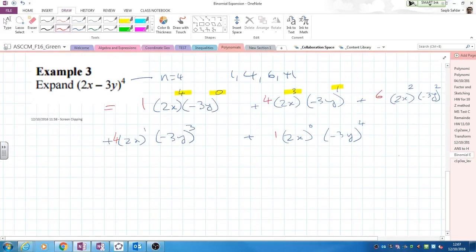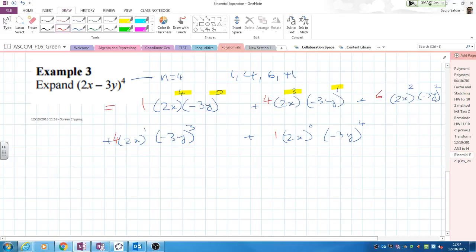Now this is where the bracket is essential, because obviously minus 3 to the power of 1 is still minus 3, but minus 3 squared is then going to give us 9, whereas minus 3 cubed would then give us minus 27. So that's why the bracket business is really important.